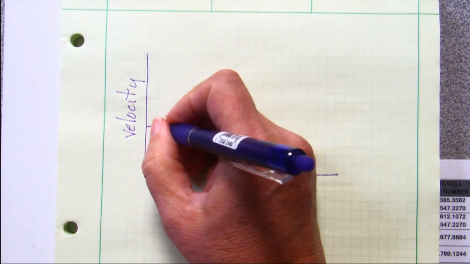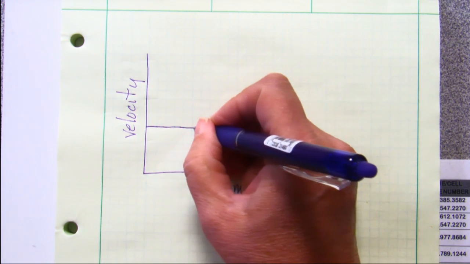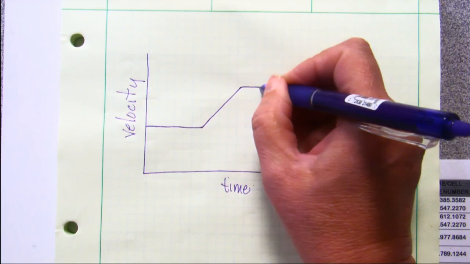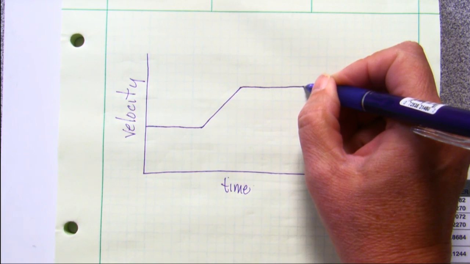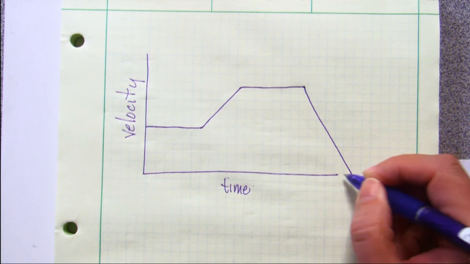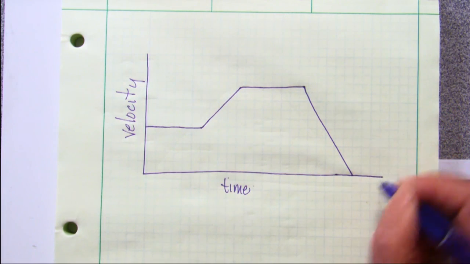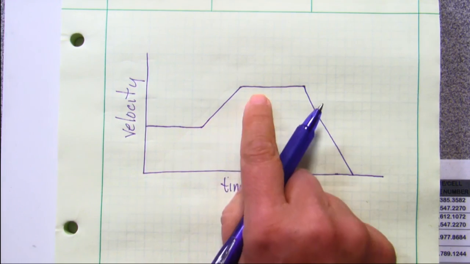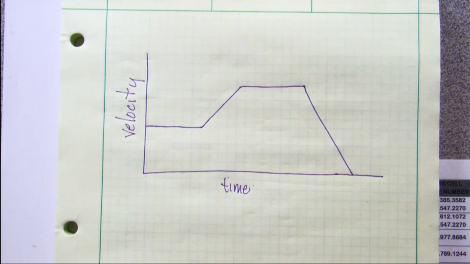And we're going along here, and then I'm going to do this, and then I'm going to go along here, and then I'm going to go really, really quickly out here to 0. I can read my instantaneous velocity at any time just by looking at the value that's on my curve.